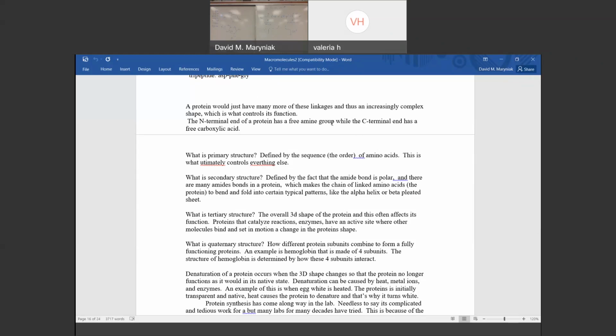protein structure. So proteins are said to have 4 types of structures. The primary structure is defined as the amino acid sequence. The secondary structure is repeating patterns caused by looping around an intermolecular or intramolecular amide or hydrogen bonding.